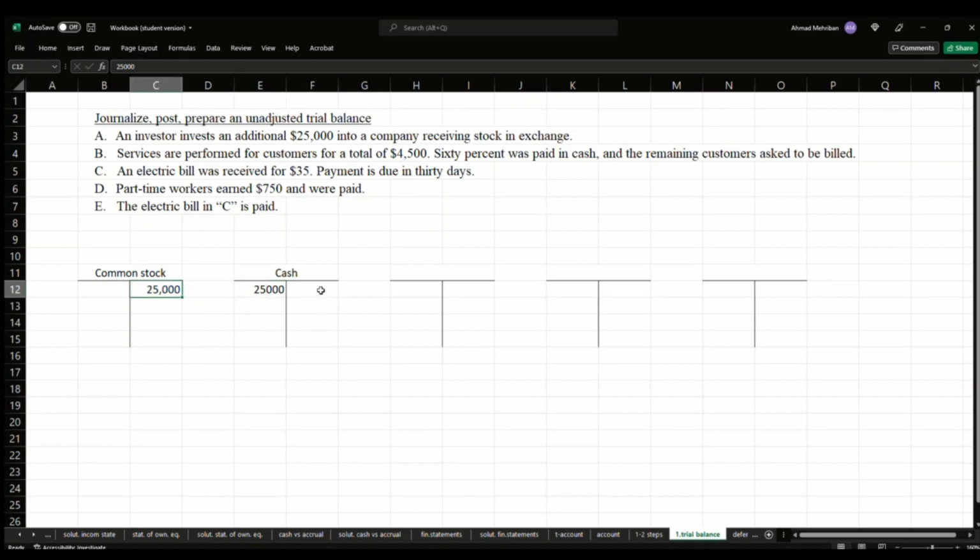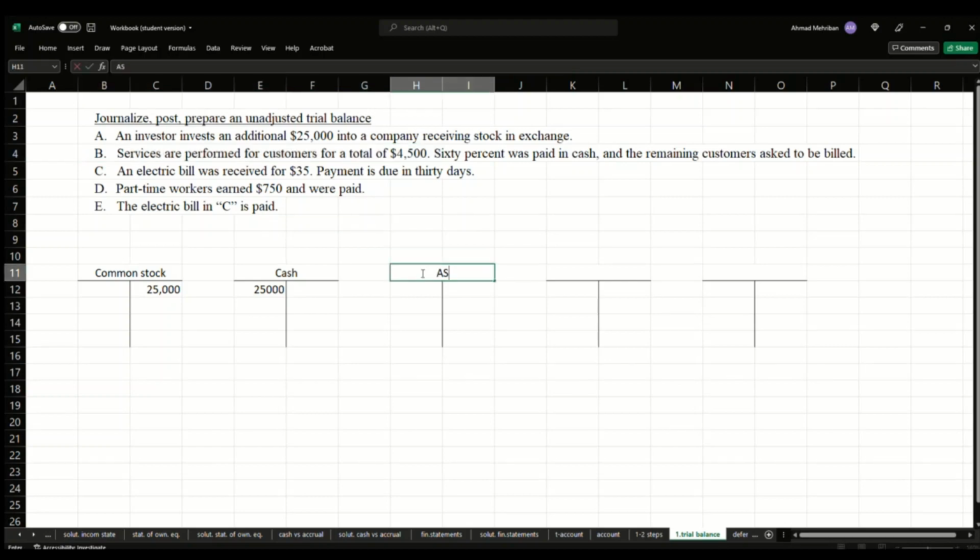Okay. Now going to the second one, which is services are performed for customers for a total of 4,500. What it means in this line specifically is that we, as a business, provided service to customers. Providing service means we have made a sale.